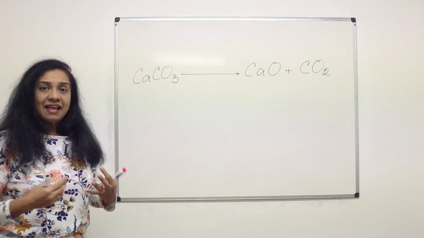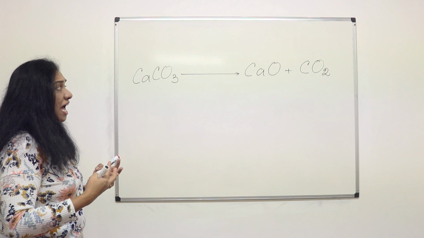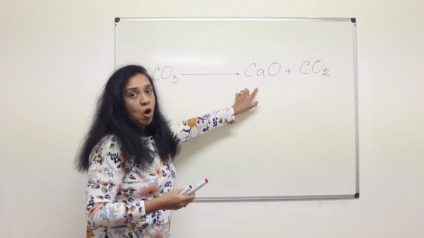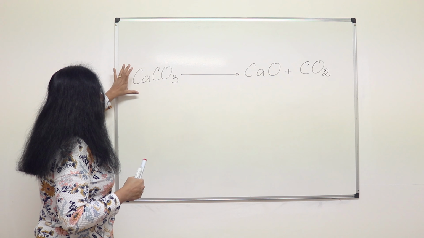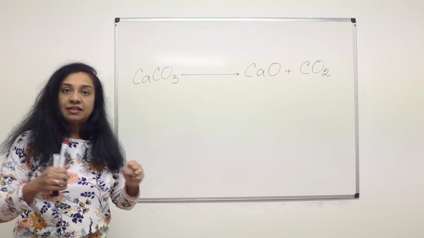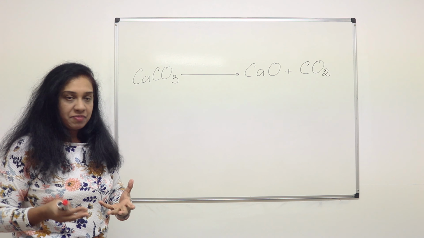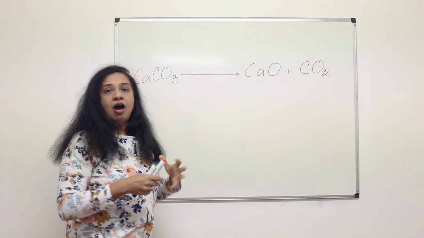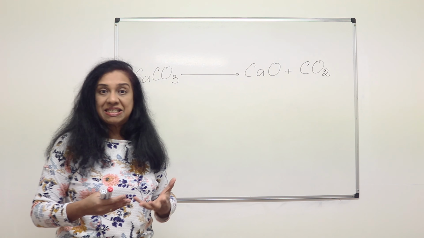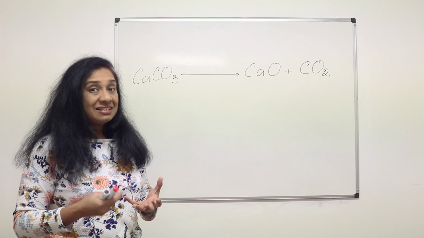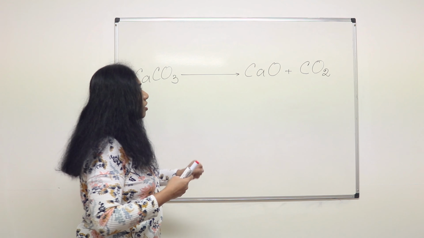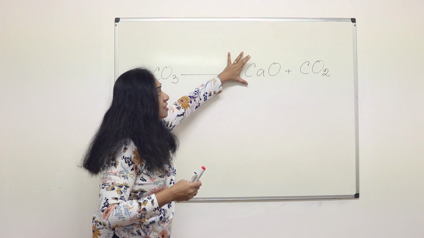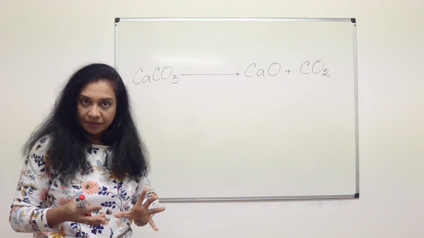So let's say that our question asks to calculate the percentage yield of calcium oxide. There are two products being made, the calcium oxide and carbon dioxide, but we are going to mainly focus on calculating the percentage yield of calcium oxide.